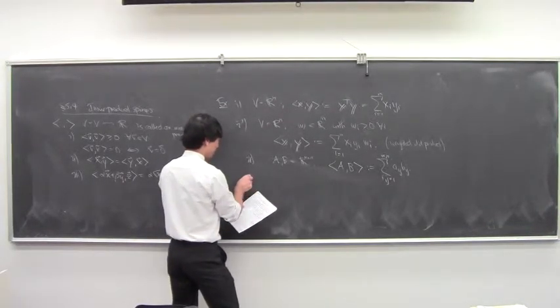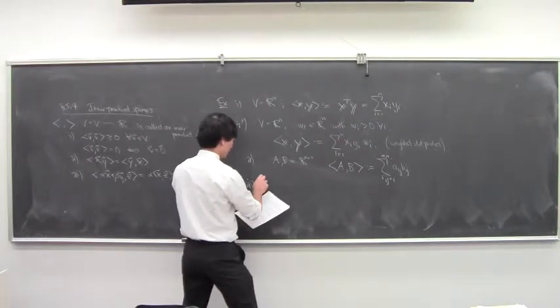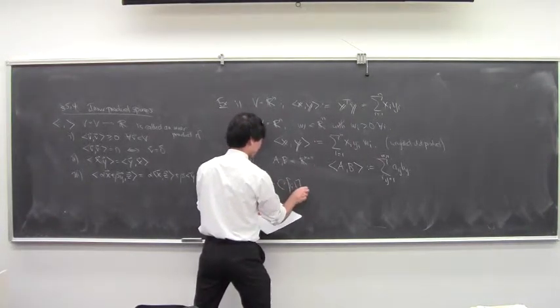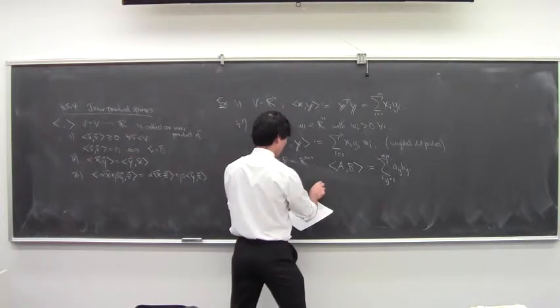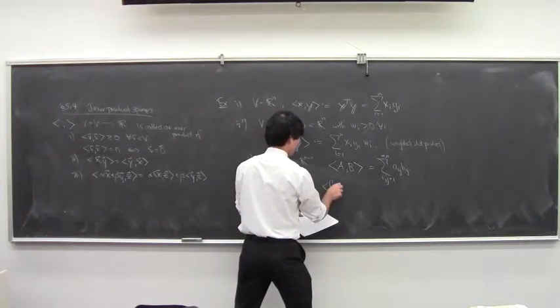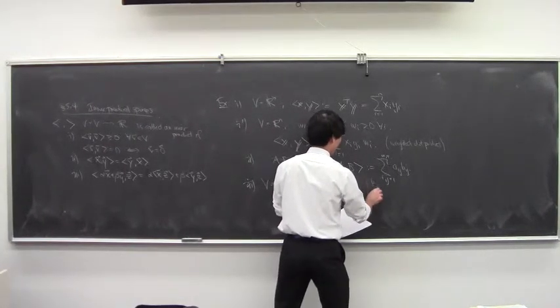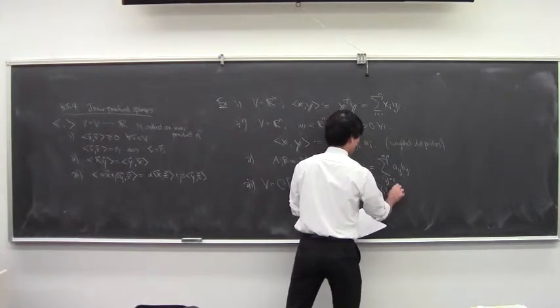One that we saw last time. V is the continuous functions on [a, b], and we let the dot product be defined as the integral from a to b of the product of the functions.